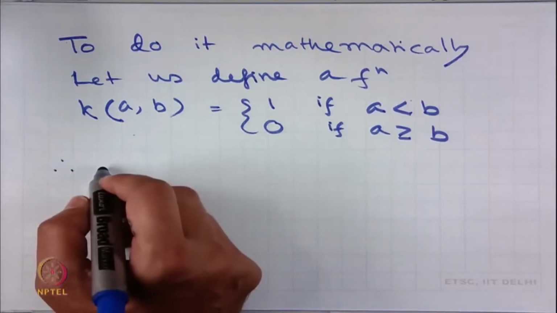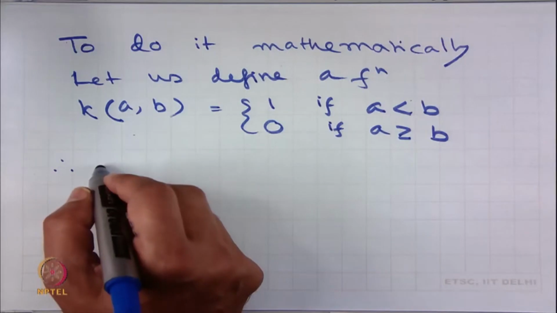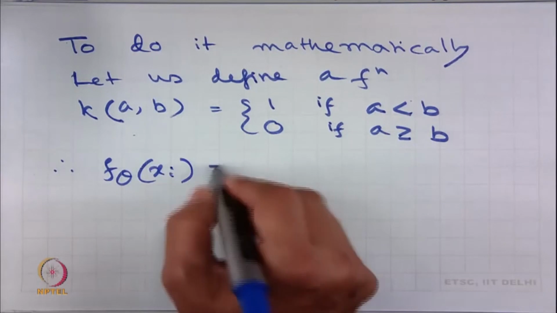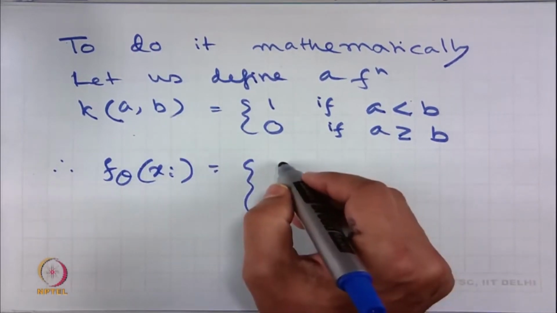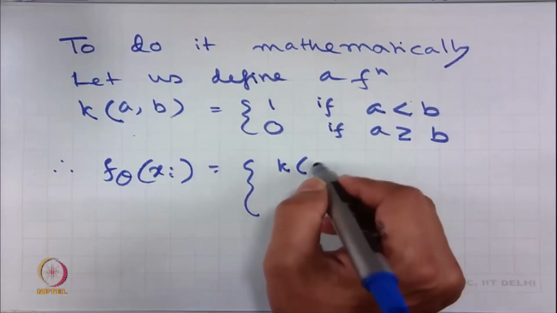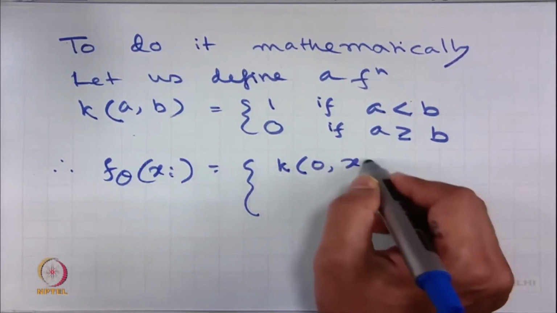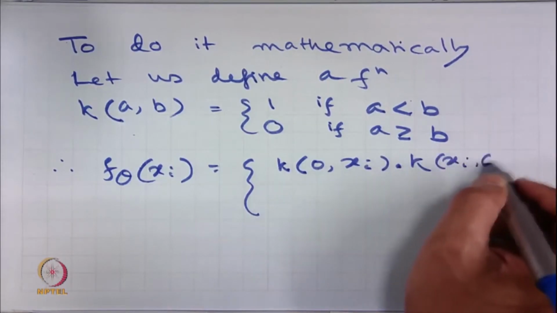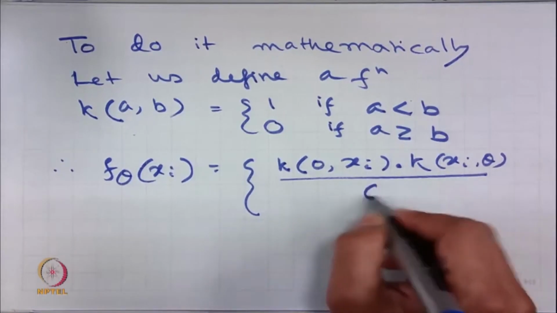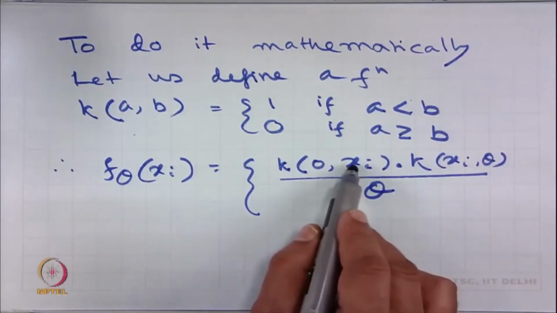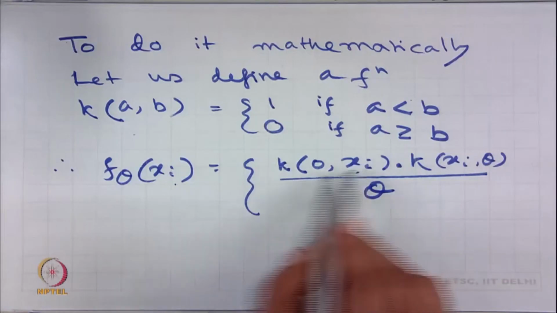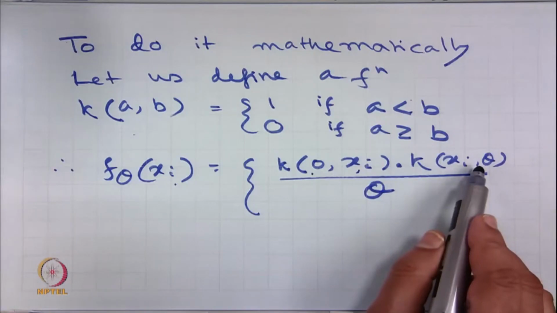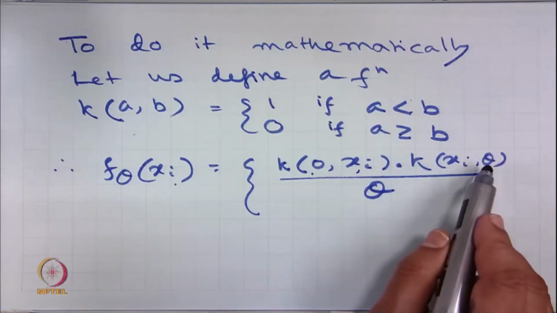Therefore, f theta of xi is equal to kappa of 0 comma xi times kappa of xi comma theta divided by theta, and it will be 1 only if xi is greater than or equal to 0 and less than theta.